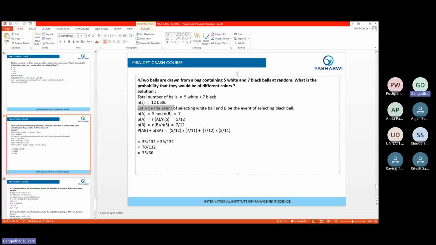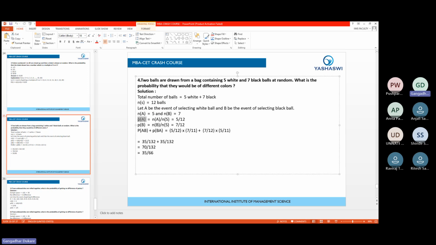Let A be the event of selecting a white ball and B be the event of selecting a black ball. So in that case, we have to calculate the probabilities related to 5 and 7, for both the 5 white balls and the 7 black balls.